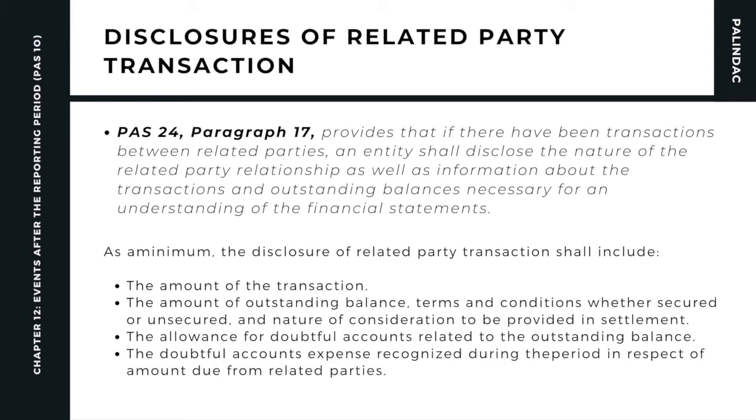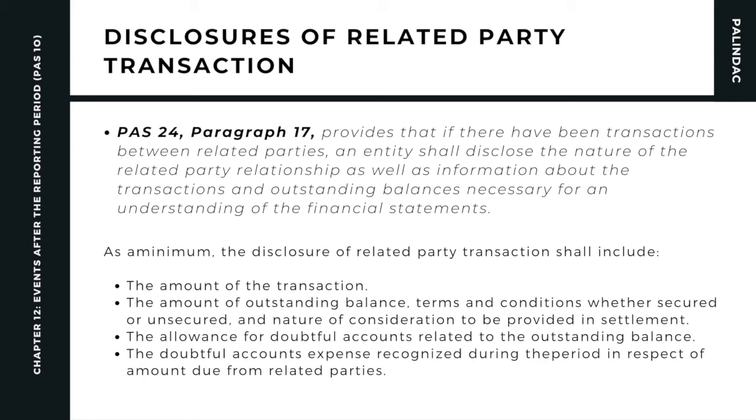The objective of this is to ensure that an entity's financial statements contain the disclosures necessary to draw attention to the possibility that its financial position and profit or loss may have been affected by the existence of related parties and by transactions and outstanding balances with such parties.